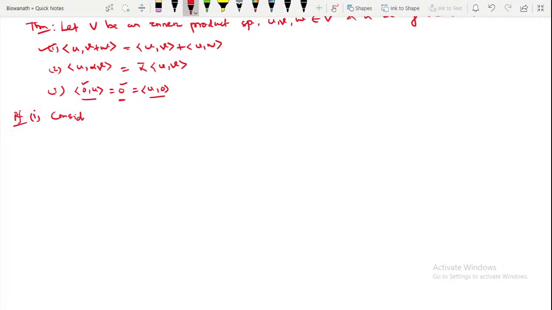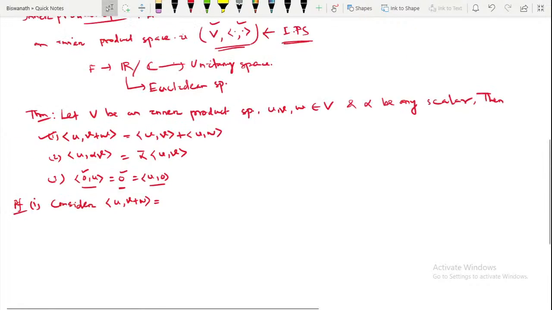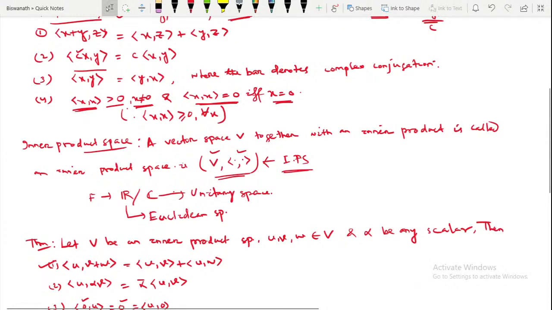Consider the inner product of u, v plus w. In the properties, we already know that the inner product of x, y conjugate is equal to the inner product of y, x.